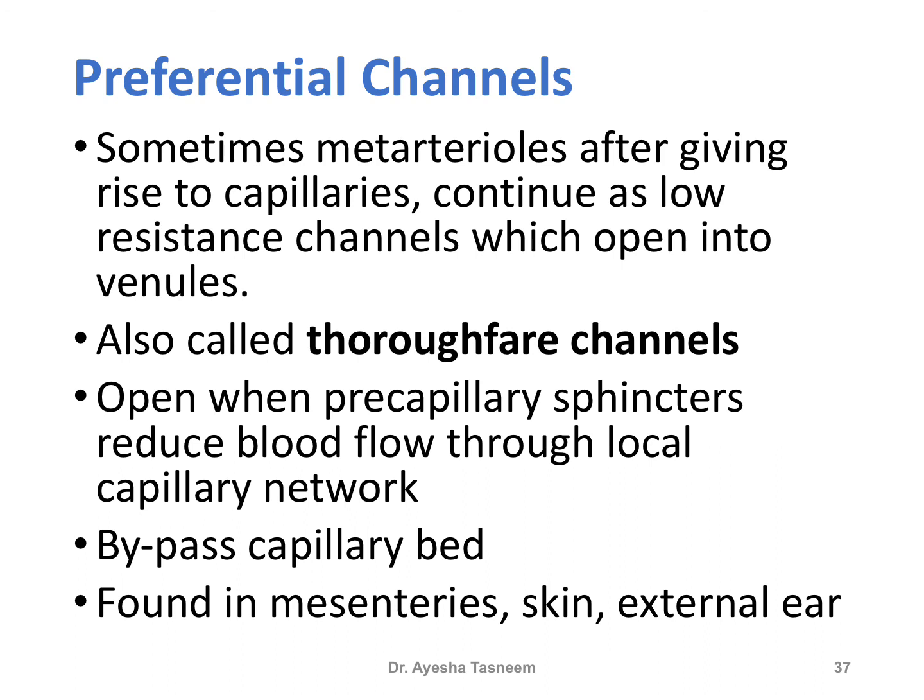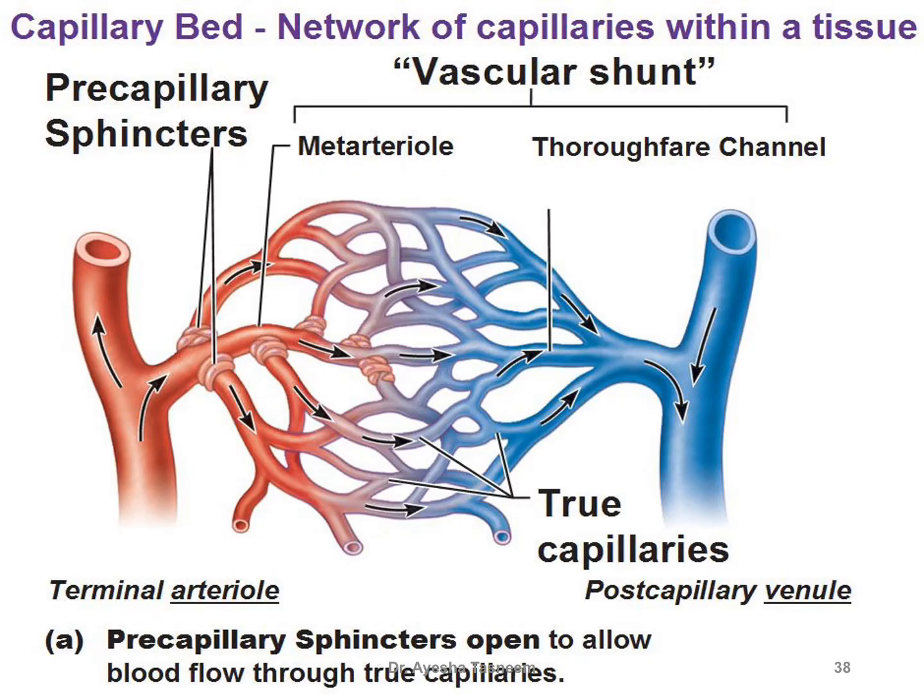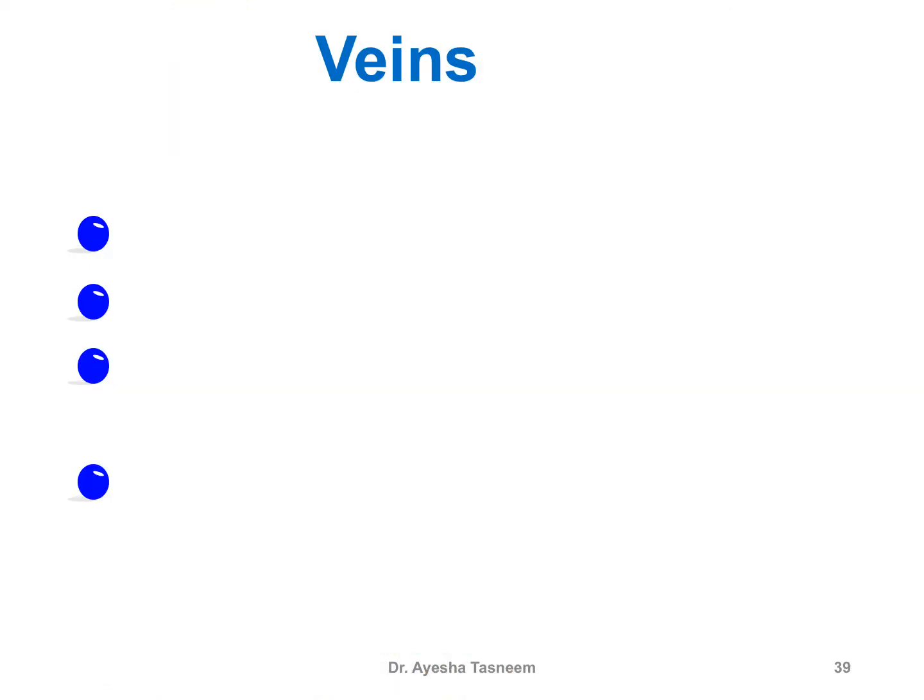They bypass the capillary bed and they are mostly found in the mesenteries, skin and externalia. Here you can see the terminal arterioles, then precapillary sphincters, then metarterioles, then blood going to the thoroughfare channel.